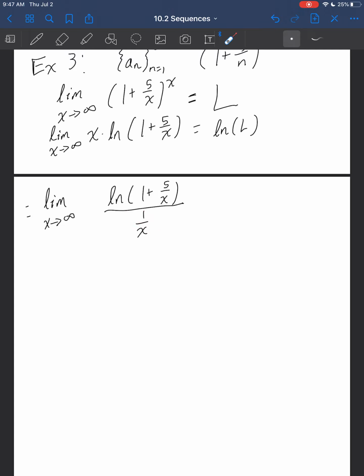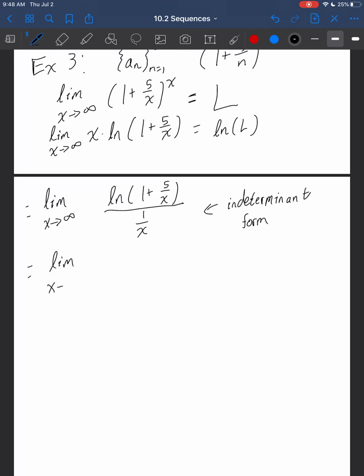So the bottom, as x goes to infinity, is going to go to 0. The top, as x goes to infinity, is also going to go to 0, right? I will get a natural log of 1, which we know to be 0, so this is an indeterminate form. And that means we can now apply L'Hopital's rule. It's very important to always make sure you have fractions and are in indeterminate form to use L'Hopital's rule.